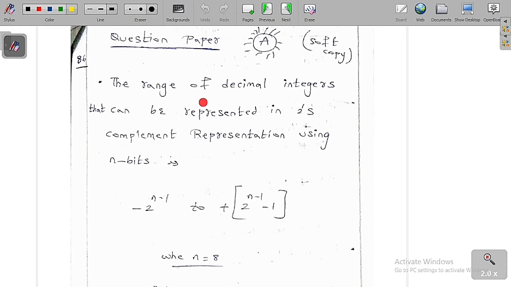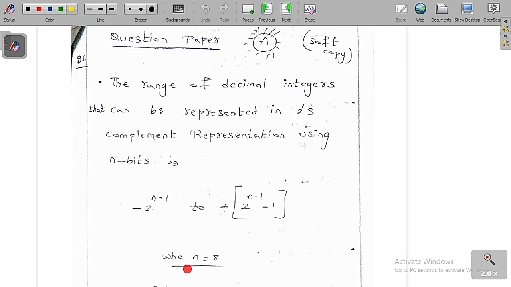You can see clearly the range of decimal integers that can be represented in 2's complement representation using n bits is minus 2 to the power of n minus 1 to plus 2 to the power of n minus 1, minus 1.